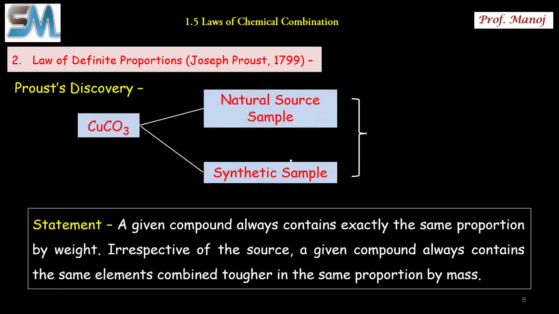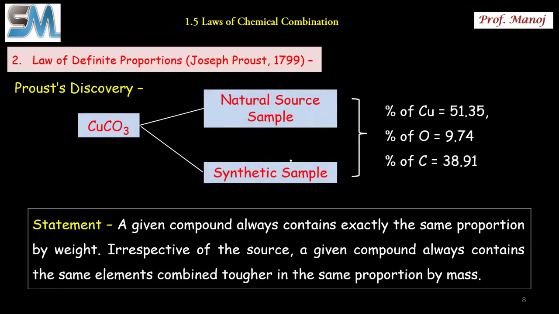He found that whichever might be the source, the percent of copper, oxygen, and carbon was always exactly the same. Now you can see the statement once again. A given compound always contains exactly the same proportion by weight, irrespective of the source. That compound will contain the same elements in the same proportion by mass.